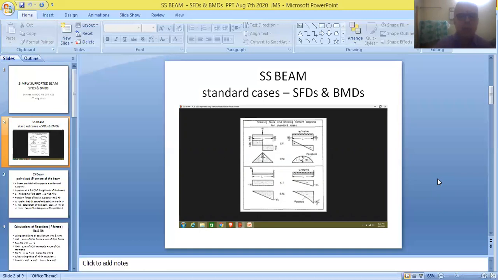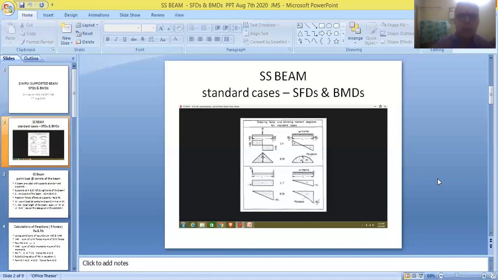So we can see the end supports of the beam. One support is provided at the left end of the beam, and another support is provided at the right end of the beam. Therefore, it is called simply supported beam.